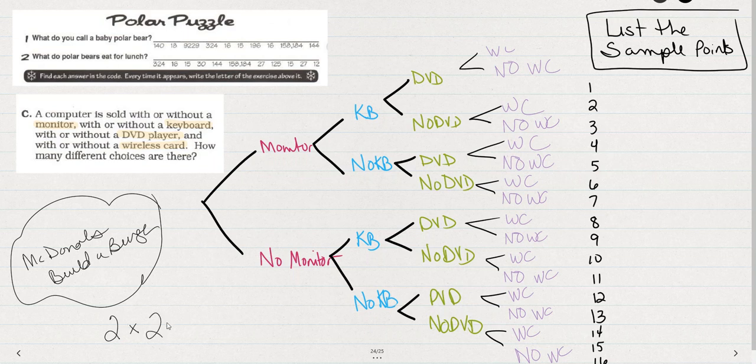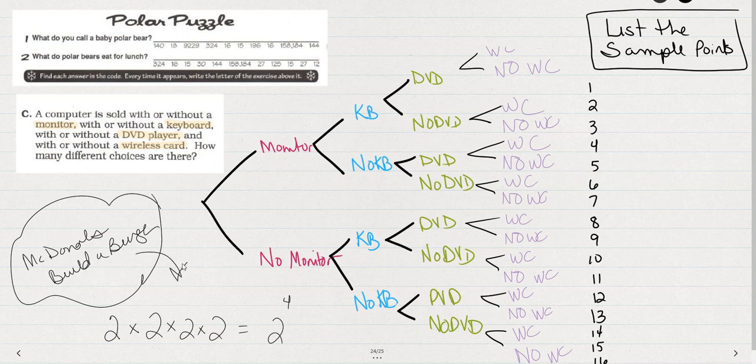And there's 4 choices, so we multiply that 2 times itself, 2 because there's 2 choices each time we have an option. And then 4 times that we're having to say yes or no. So that's one approach to doing this problem, and that's the approach that the McDonald's Build-A-Burger will take.